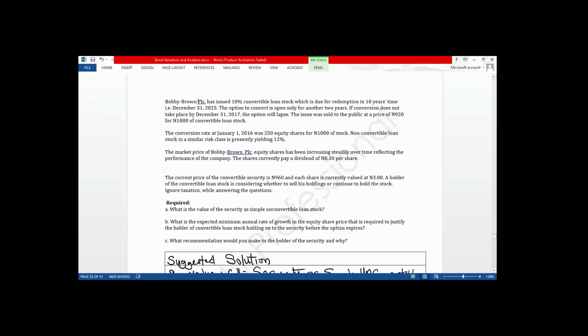Look at requirement B. Examiner says, what is the expected minimum annual rate of growth in the equity share price that is required to justify the order of the convertible loan stock, holding on to the security before the option expires?